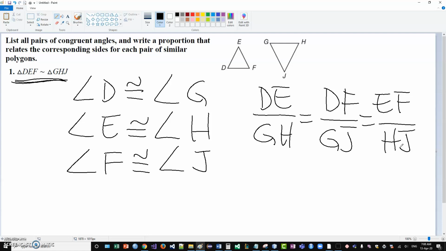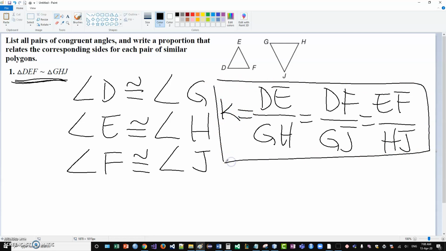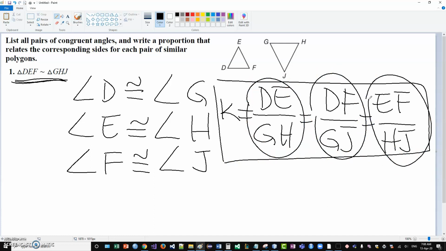Divide each two corresponding sides, and that should equal the same scale for all corresponding sides. Now the scale factor is this. If you can find any two of these, divide them, you'll get the scale factor. K is the scale factor.